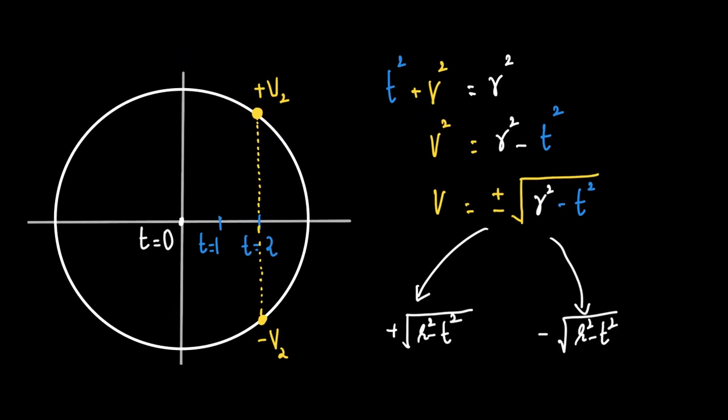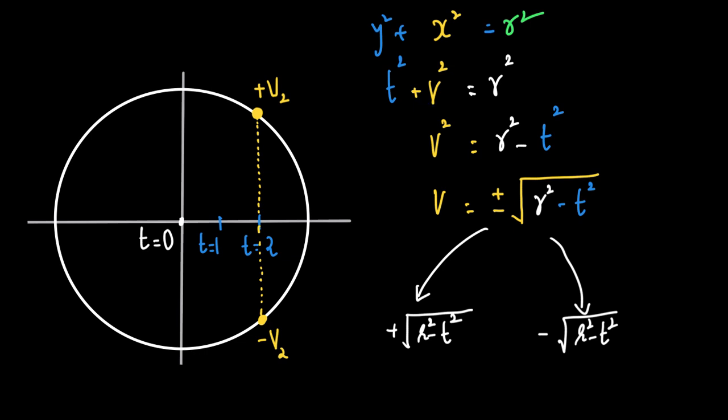Trying to explain the same using the mathematical equation of the curve here, we have t square plus v square is equal to r square. How? Because x square plus y square is equal to r square, where x is time and y is velocity.